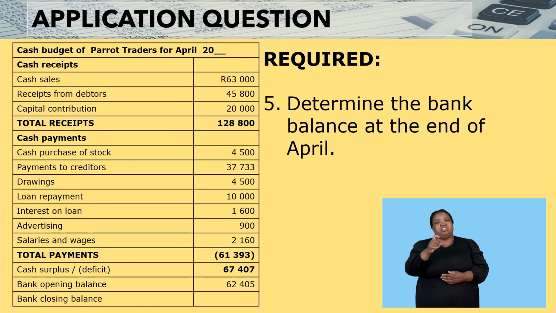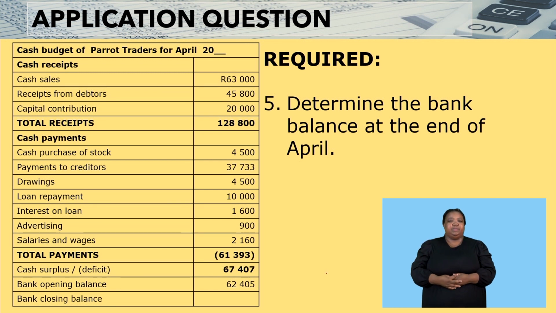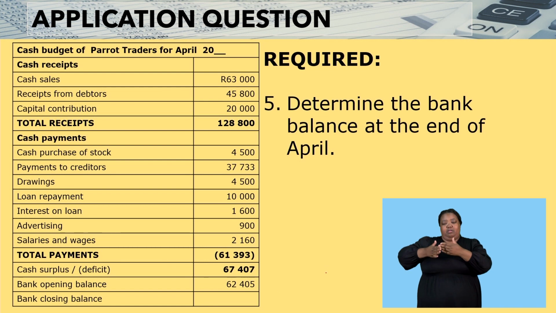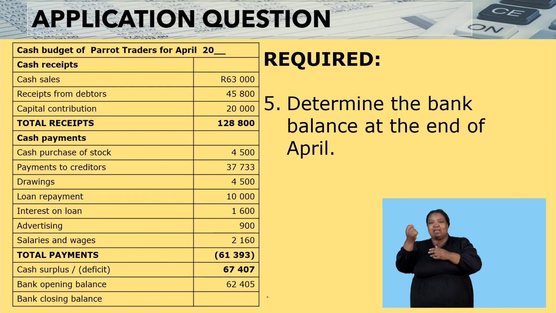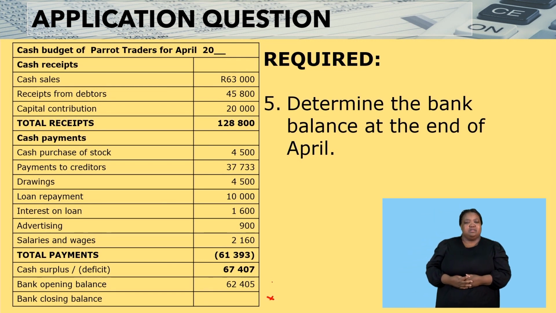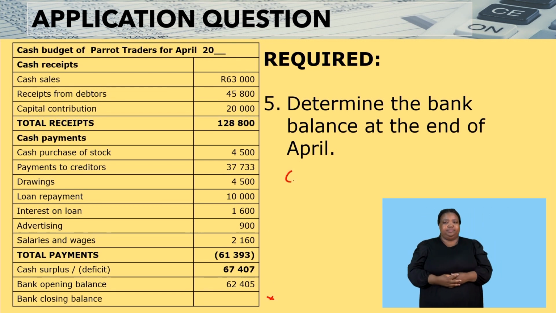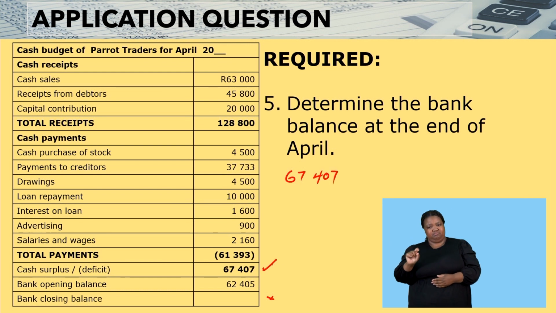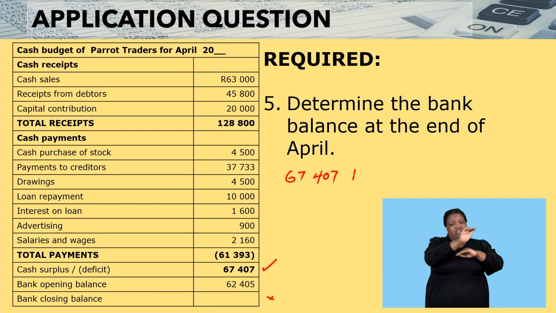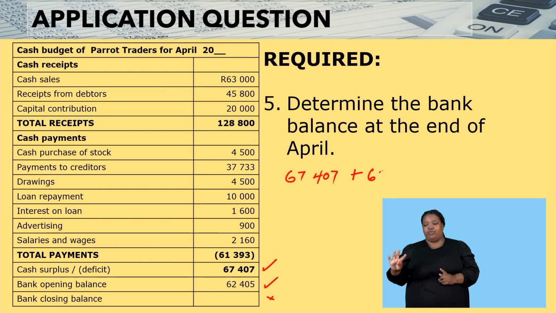Question number five says, determine the bank balance at the end of April. To get that, I'll simply say 67,407, which is the cash surplus, plus 62,405.